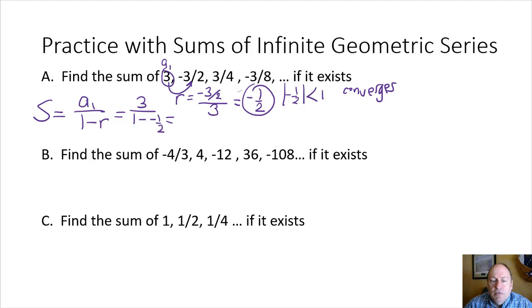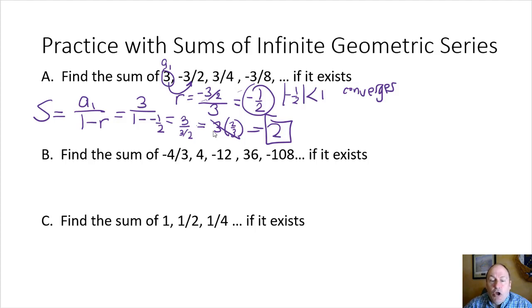So our total sum of the infinite geometric series here is 3 divided by 3/2. That's going to be the same as 3 times the reciprocal of 3/2, 2/3, which is going to be 2. So the sum of all the infinite number of terms in this is actually 2.